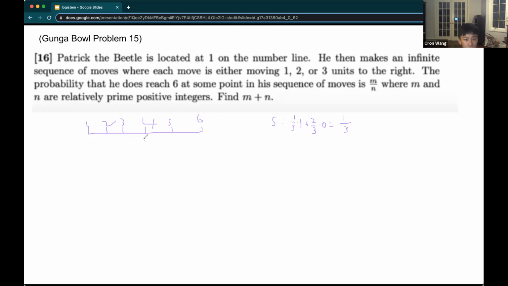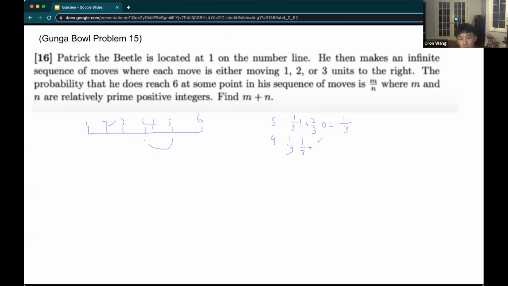Now suppose you're at 4. Now there's a 1/3 chance that he goes to 5. And once he's at 5, we know that the chance that he'll reach 6 is 1/3. So there's a 1/3 chance he makes it to 5, and then a 1/3 chance that from there he reaches 6.